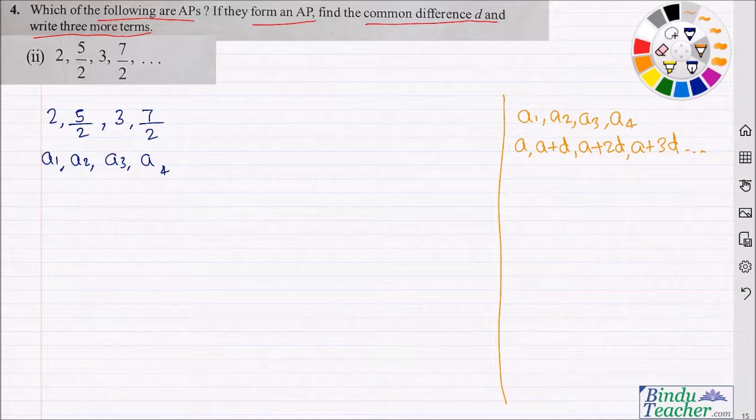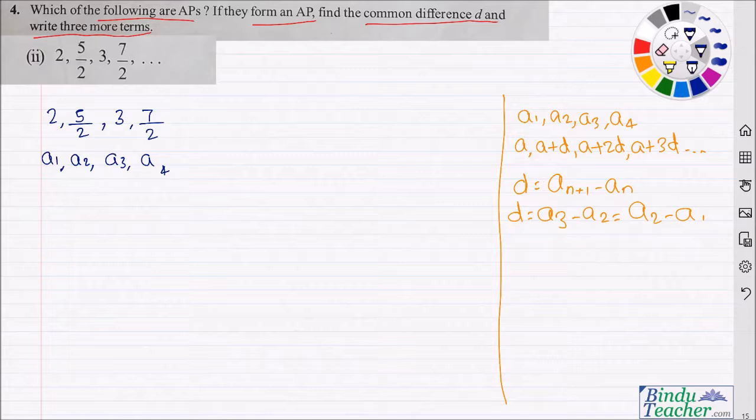So here the common difference D is equivalent to A of n plus 1 minus A of n. For example, D will be equal to A3 minus A2, and the value for this will also be equal to A2 minus A1. So let's apply this formula to first check if they are an arithmetic progression.